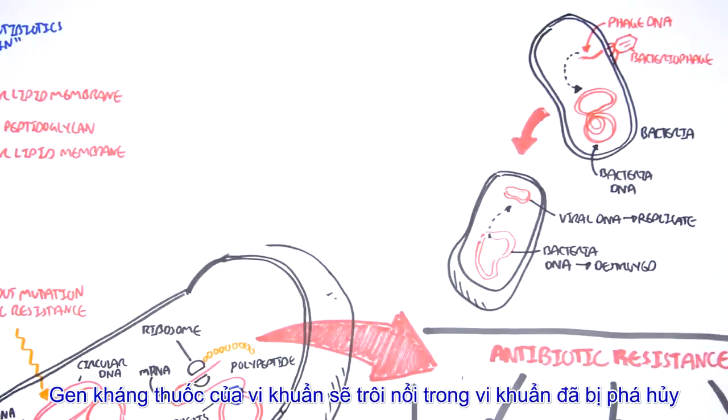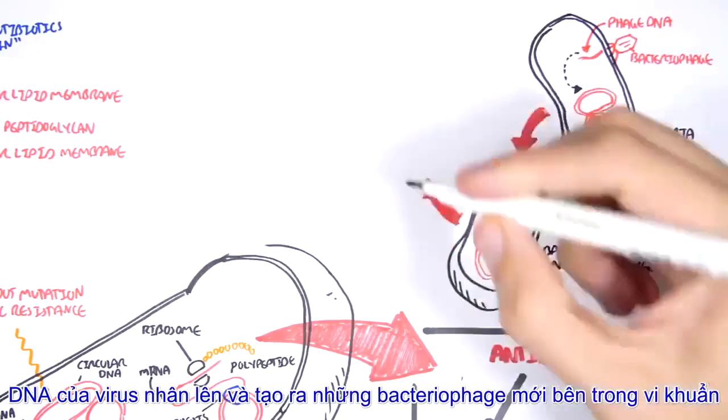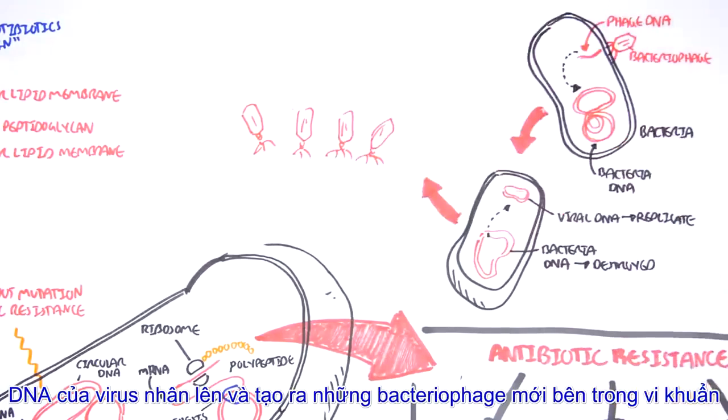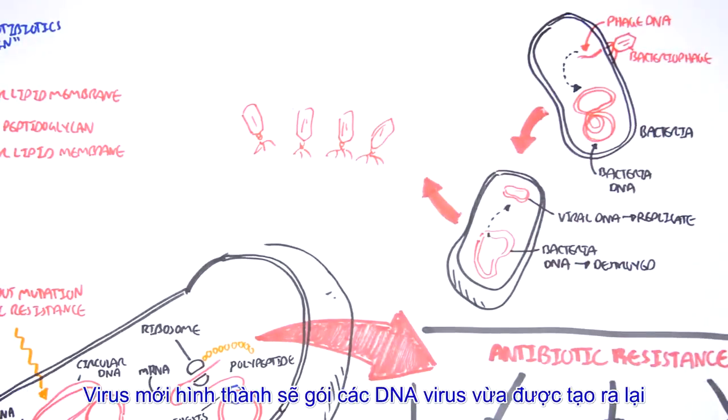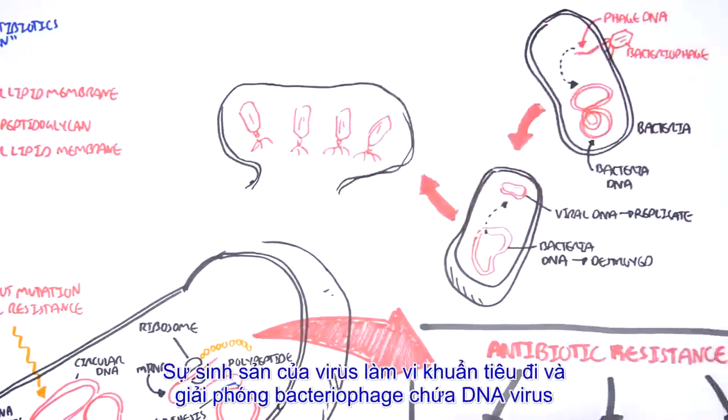So the resistant gene that was part of the bacterial DNA will then be floating around inside the damaged bacteria. So the viral DNA is being replicated and new bacteriophages are being formed within the bacteria. The new viruses being formed will pack up the viral DNA that was replicated.